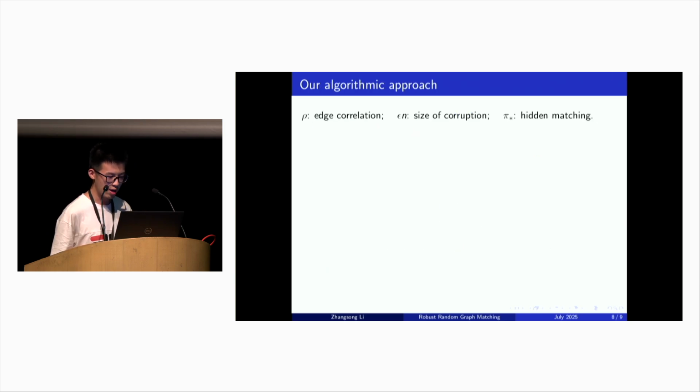Okay, so now I can introduce my algorithmic approach. Since our way to deal with the adversarial corruption is similar to the previous work by Ivkov and Schramm, here I will just mention some high-level ideas on how to solve this graph alignment problem in the framework of AMP algorithms.